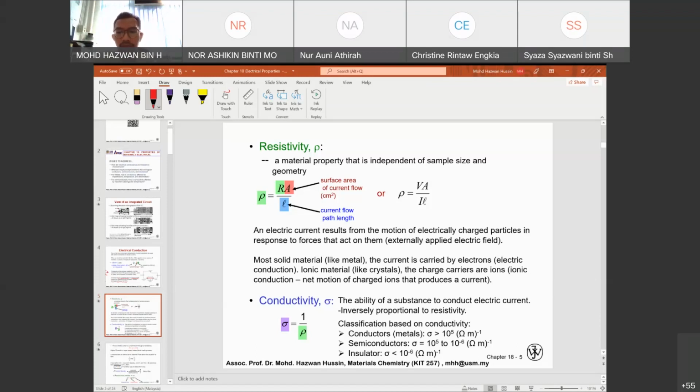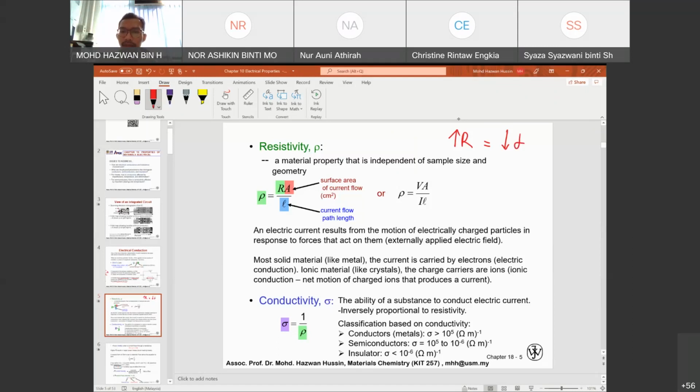Things that you need to remember is that conductivity, or sigma, is inversely proportional to resistivity. If you have a higher resistance, because resistance and resistivity are directly proportional, it will give a lower conductivity.